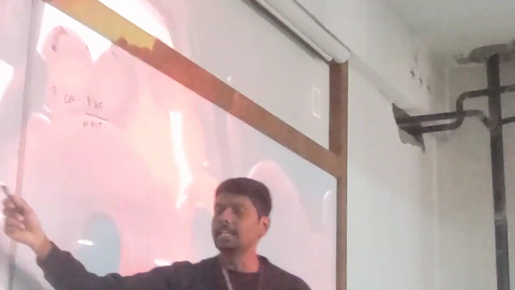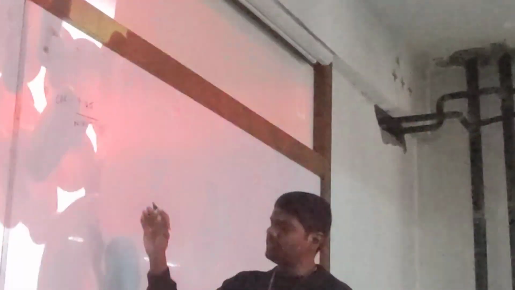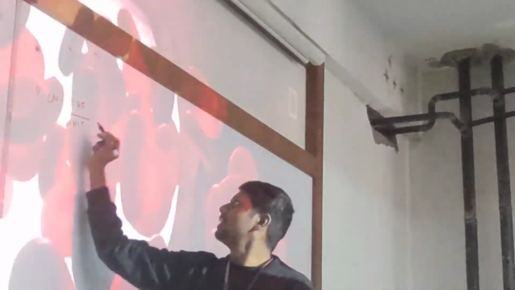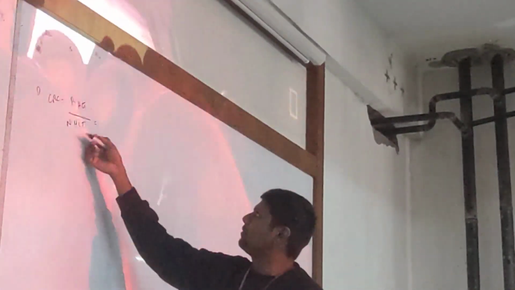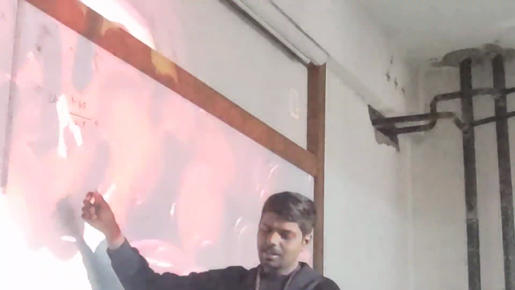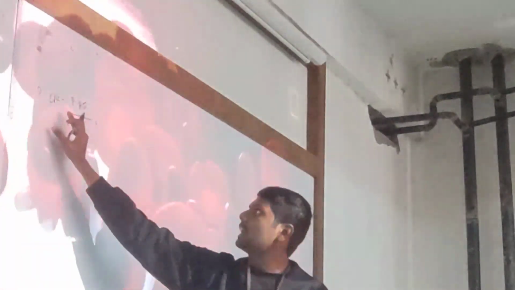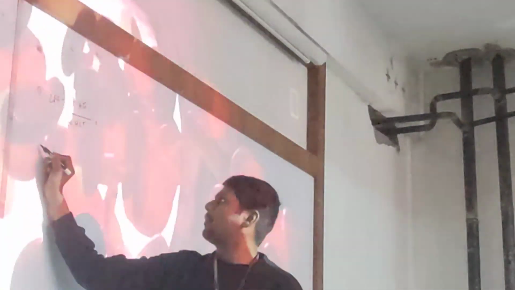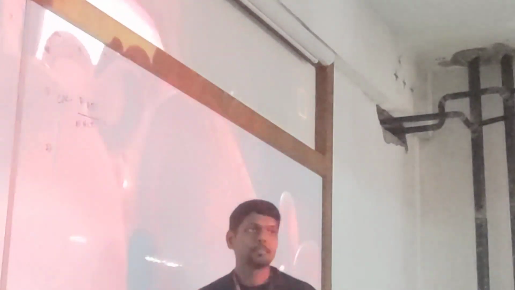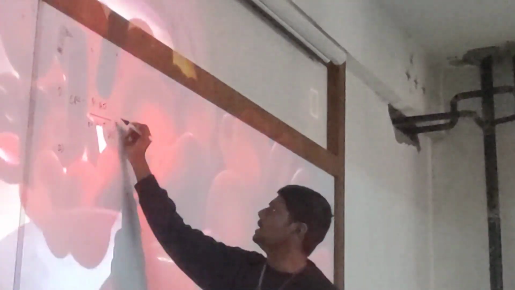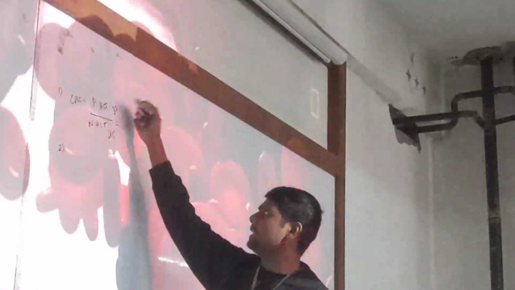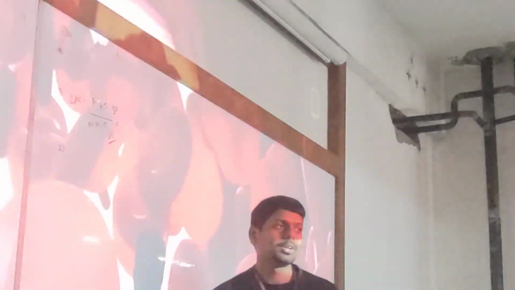What is the normal HCT value? 45. Whatever value we get, that will be the corrected reticulocyte count. So this is the formula. The patient's value can be anything, 32, anything, but the denominator will be 45. This is clear.